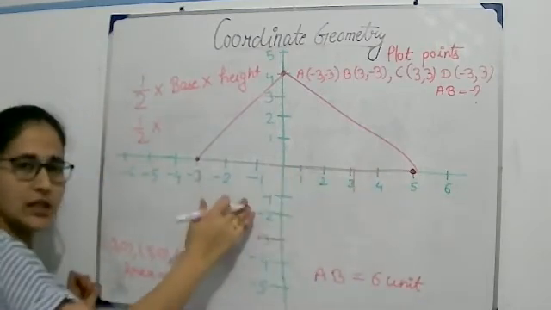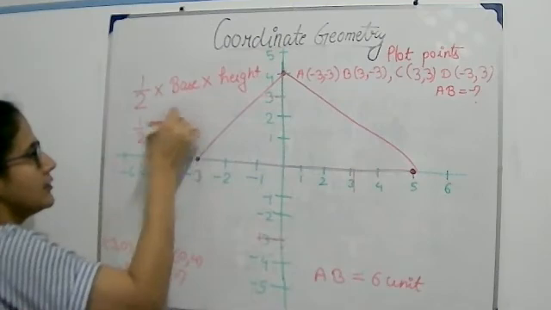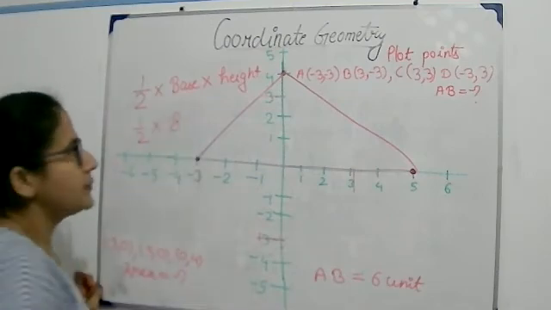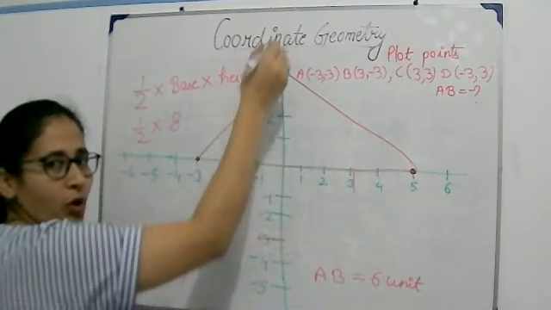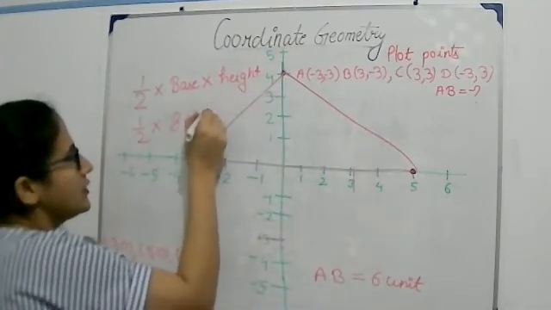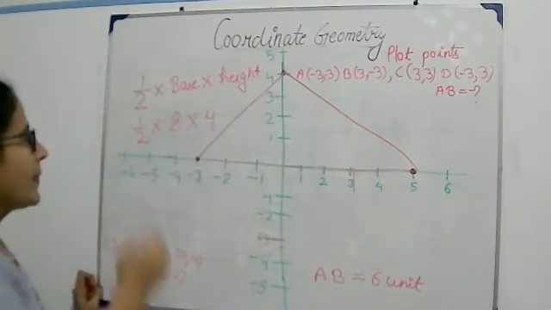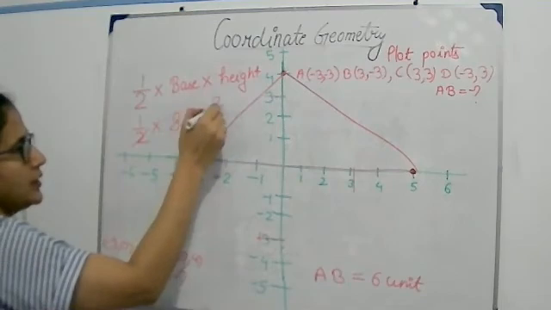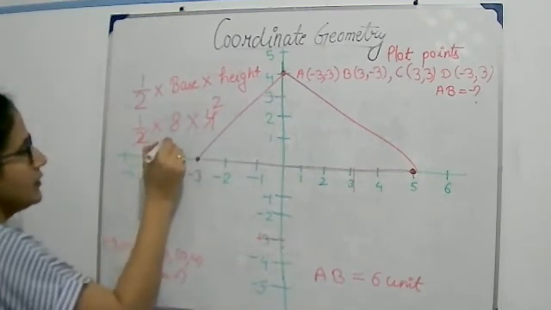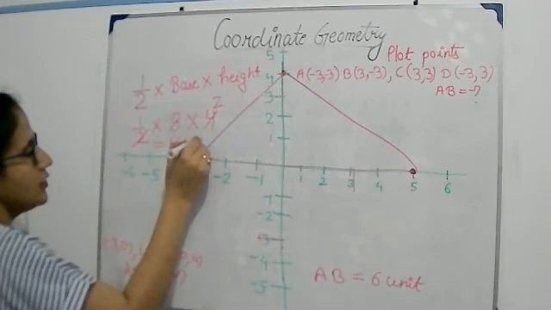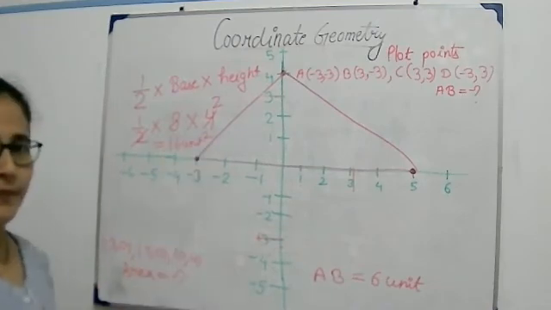So 5 plus 3 is 8, total 8 units. Next, height: 1, 2, 3, 4, 4 units upward. 2 cancels out with 4, that is 2. So the area will be 16 unit square.